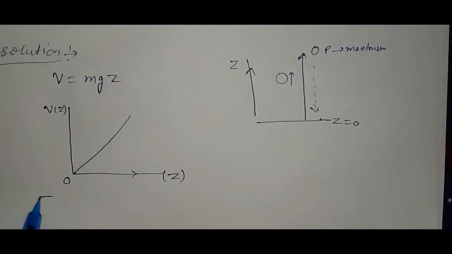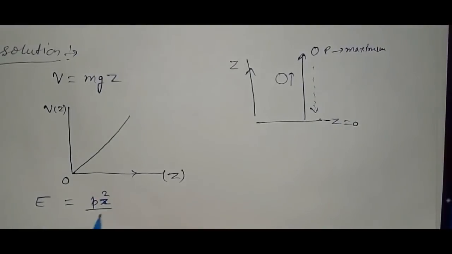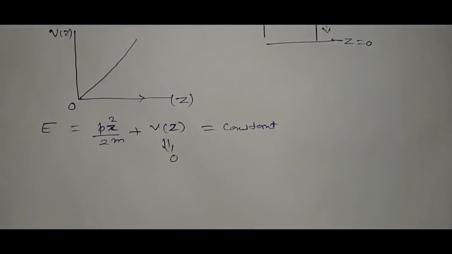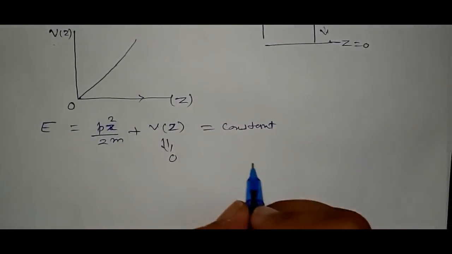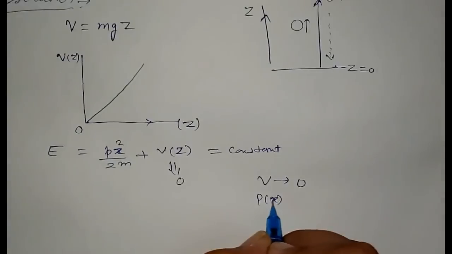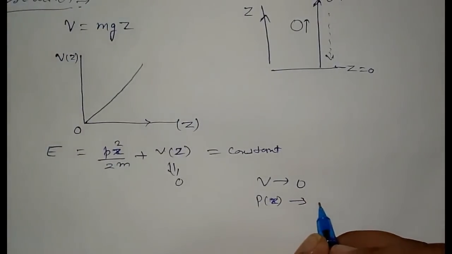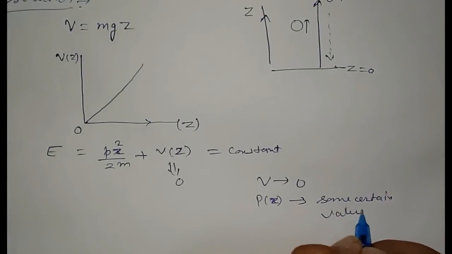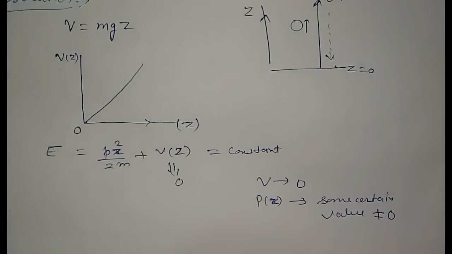Now we have energy equal to pz square upon 2m plus V(z), which is constant. When potential is 0, our momentum gets some certain value that is not equal to 0.